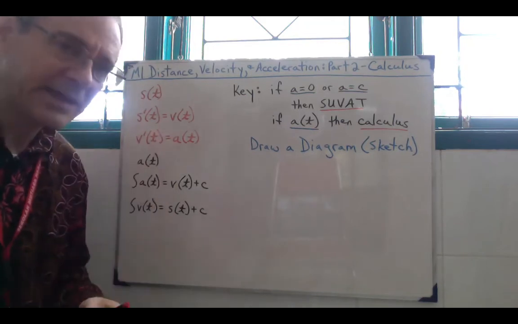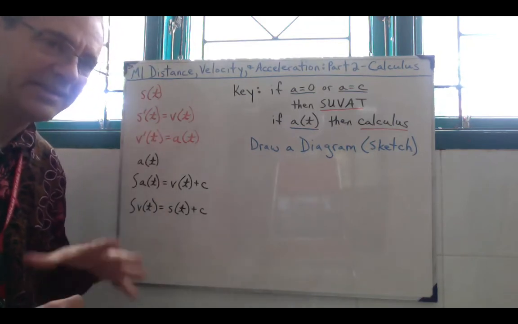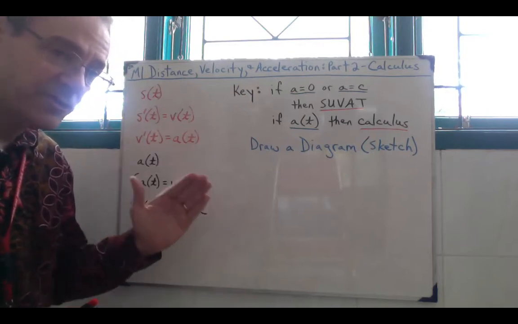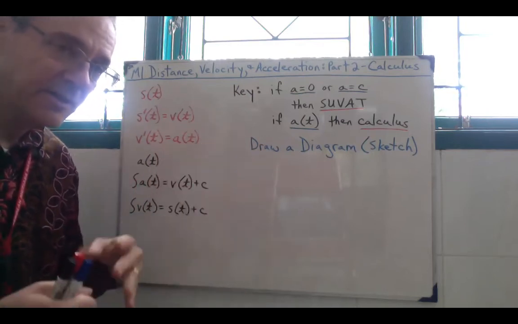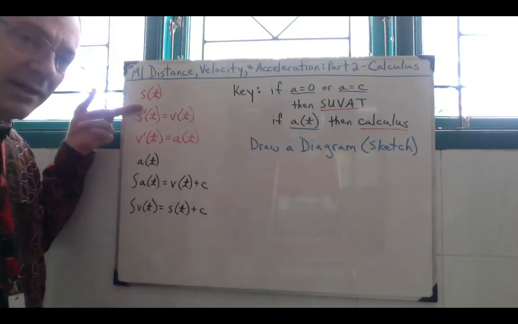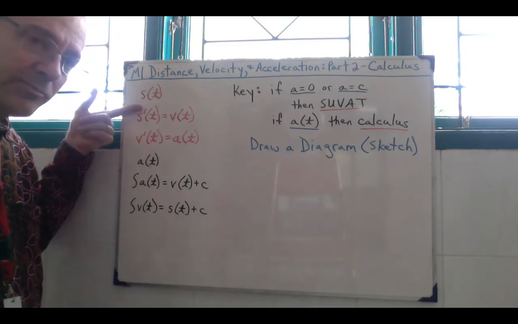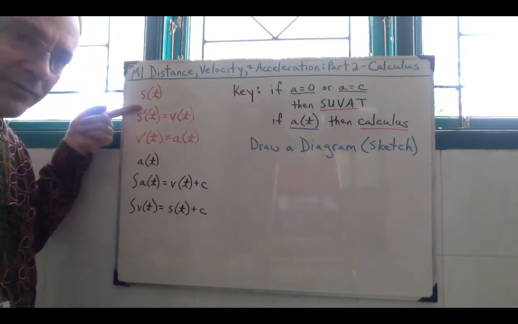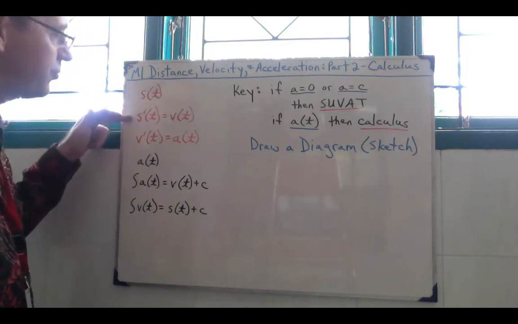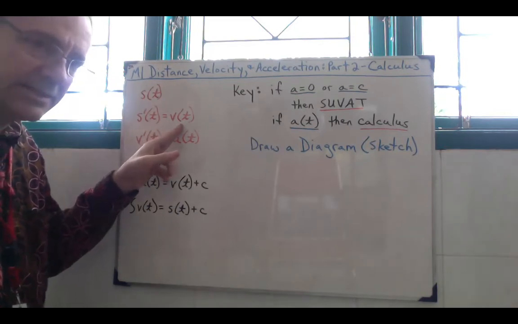If you remember back in IGCSE math, if you had a distance time graph, the slope of the graph is your velocity. And slope in Pure Maths 1, you learn by taking the derivative, the change in y over change in x, or dy over dx. So the derivative gives you your velocity.